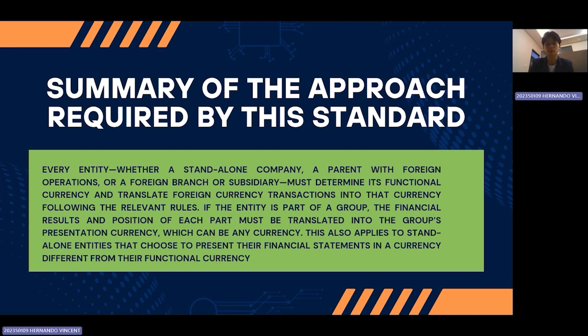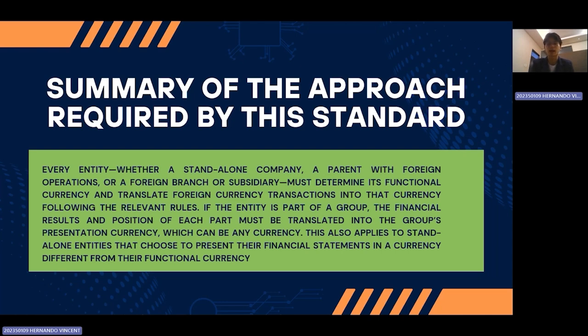It's also important to note that even standalone entities, those not part of a large group, may choose to present their financial statements in a currency different from their functional currency. When they do, they must follow the same translation rules to ensure transparency and comparability.